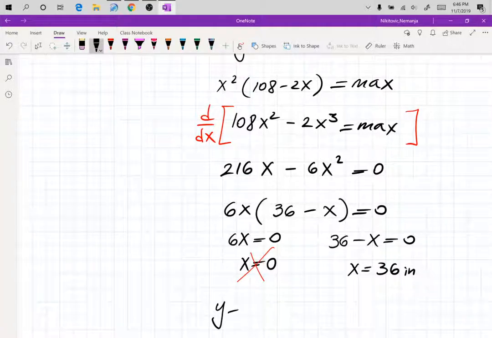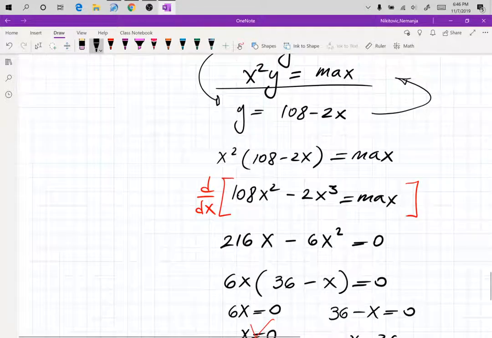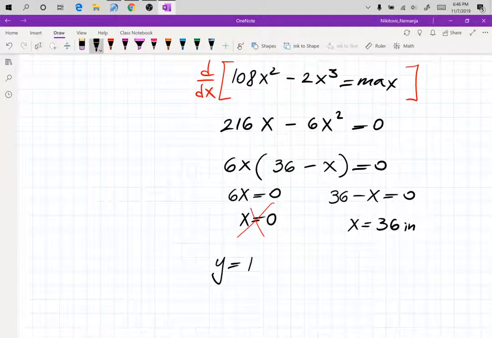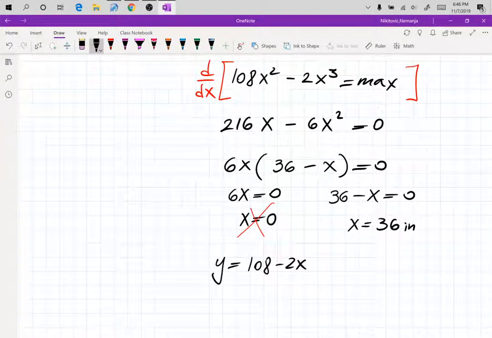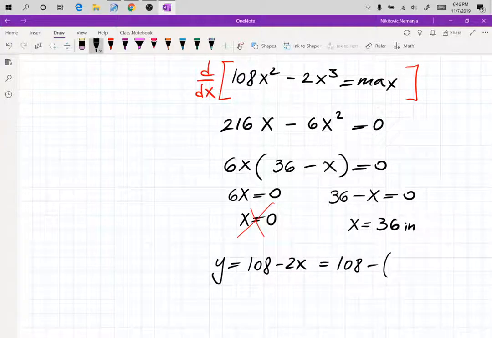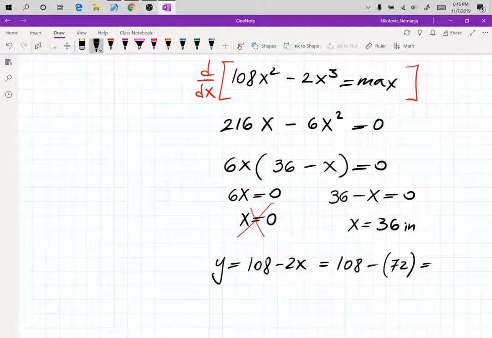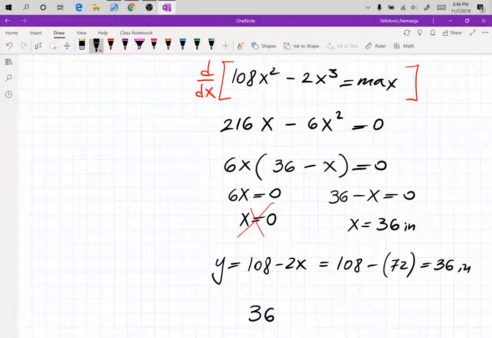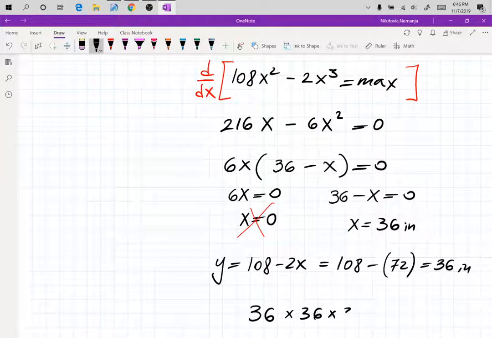Now we also have that y was equal to 108 minus 2x, which is 108 minus 72, which is, oh, aren't we surprised, 36 by 36 by 36 inches for the box.